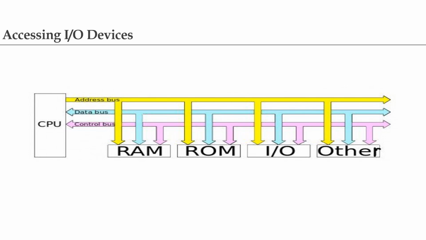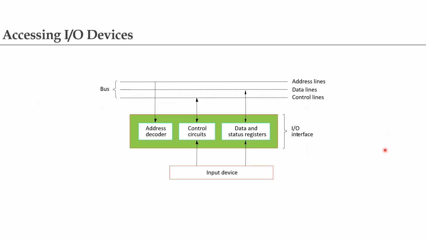Most computer systems use memory mapped input-output, but some processors have special input and output instructions to perform input and output transfers. For example, processors in the Intel family have special input-output instructions and a separate 16-bit address space for input-output devices.